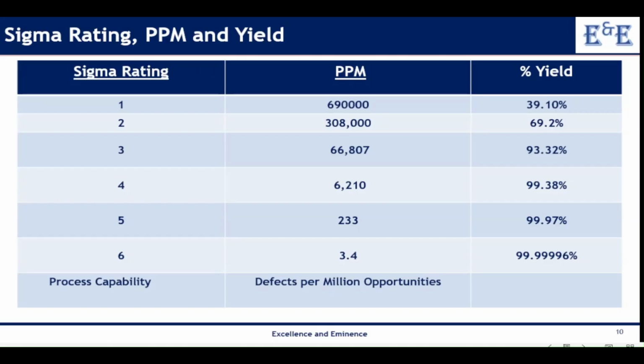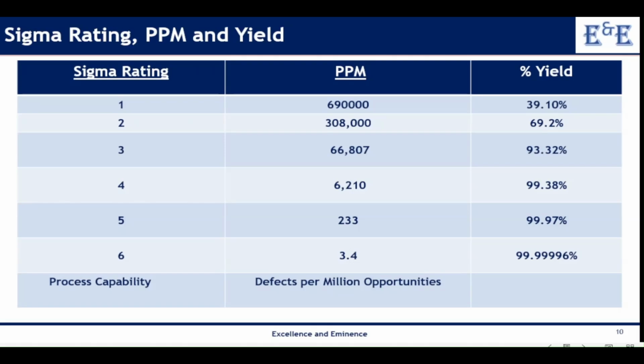Now let's see what the yield is. So ppm here is the good products made. If you are at one sigma level in your organization, right, you have 690,000 ppm, which is 30.9% yield. If you are at 2 sigma, it's 69.2%. 3 sigma, it's 93.32%. 4 sigma is 99.38%.